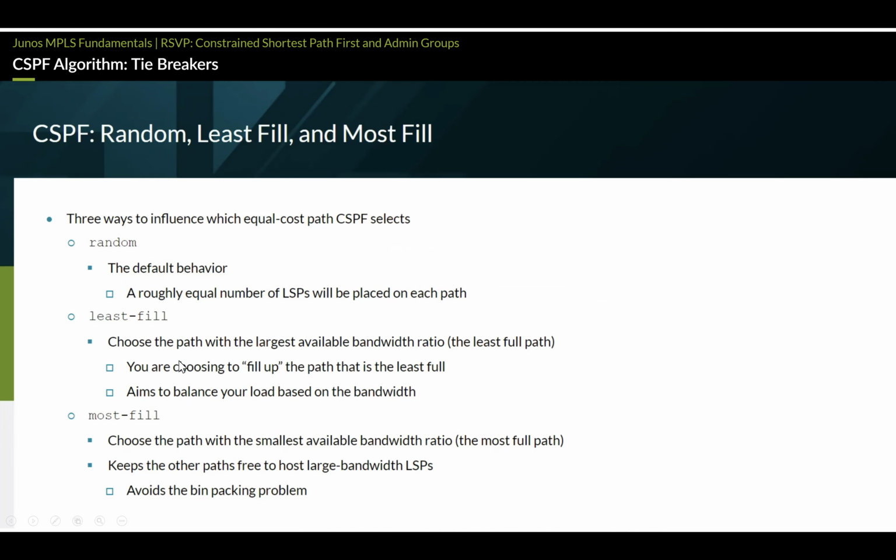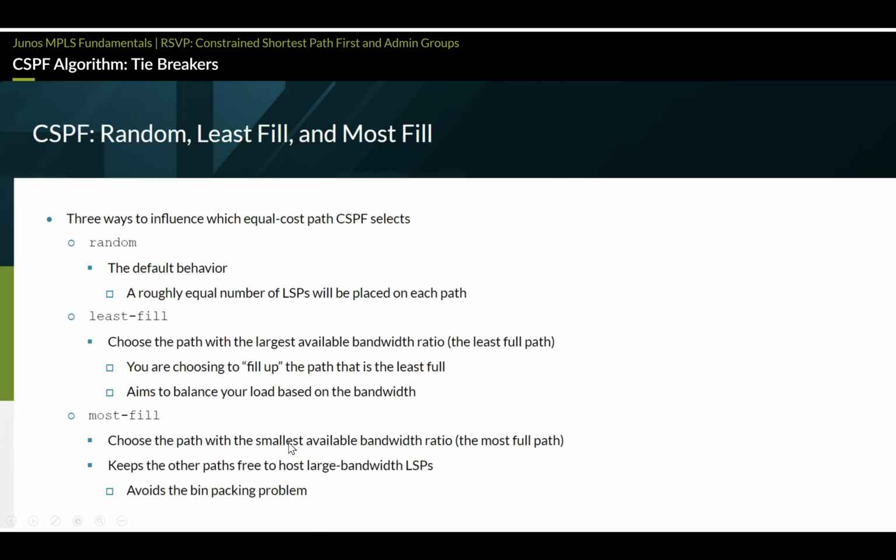Second one is least full. Choose the path with the largest available bandwidth ratio. And most full is choose the path with the smallest available bandwidth ratio. You can define this.